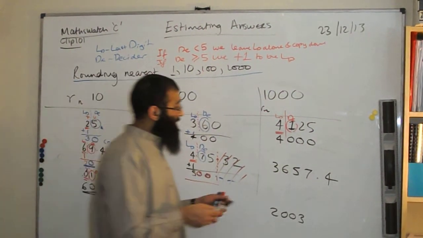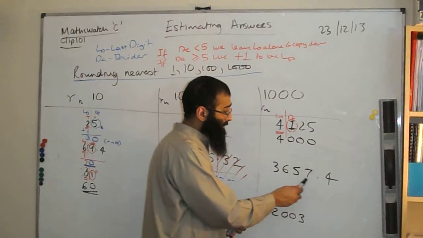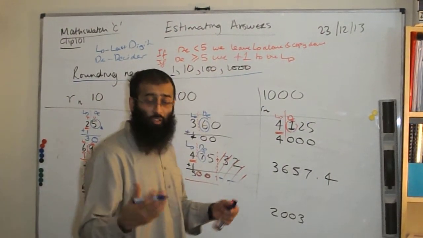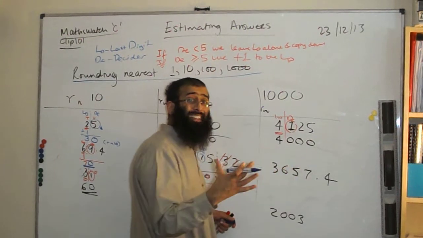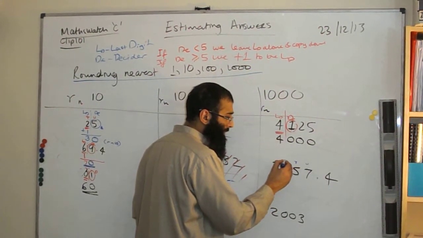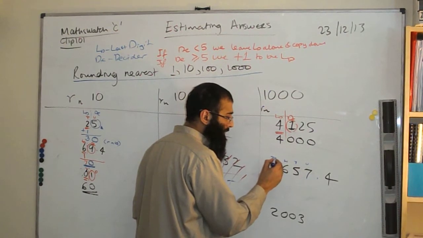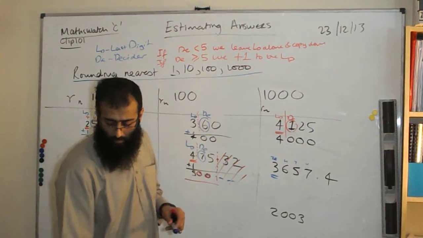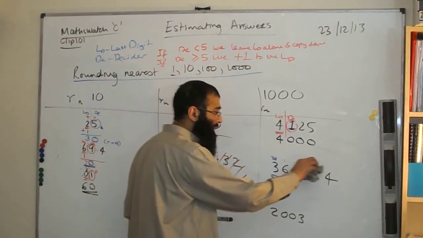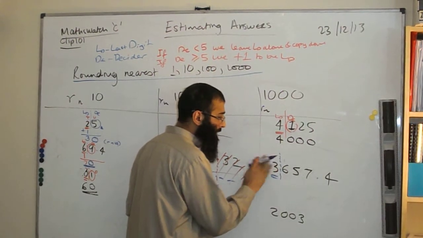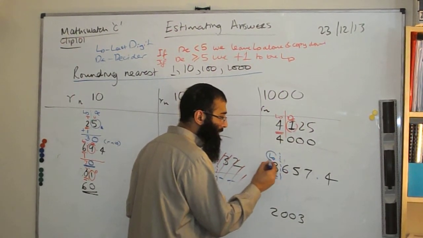Okay, next question. You have 3,657.4. We've got a point in there this time. We're going to round this one to the nearest 1,000 as well. So again, let's start identifying the place value. Point, units, tens, hundreds, thousands. That's the one. So that becomes the last digit.